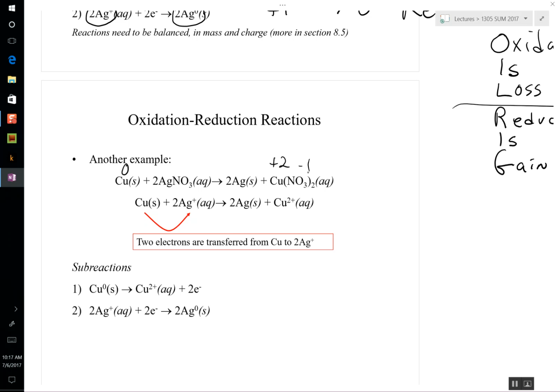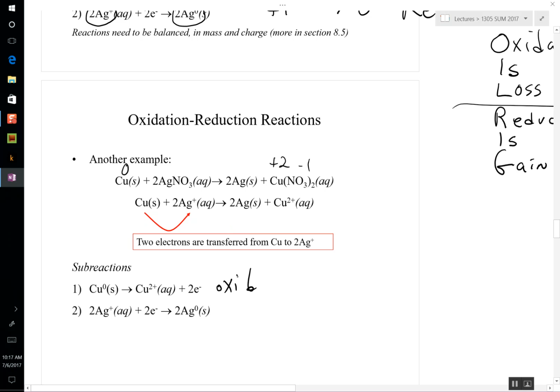So is this being oxidized or reduced? Oxidized is the loss of electrons, and it makes the charge go up. So that copper is losing 2 electrons to become a copper +2 ion. So that's your oxidation.